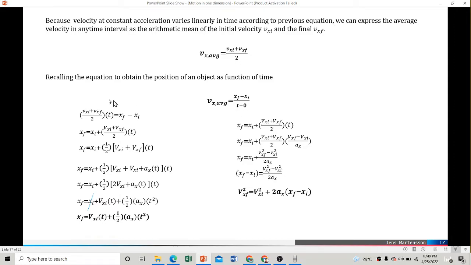If we go back here to this equation and rearrange it, by using this equation in terms of t, it becomes xf minus xi over the... this one here is not the equation that we will substitute here.